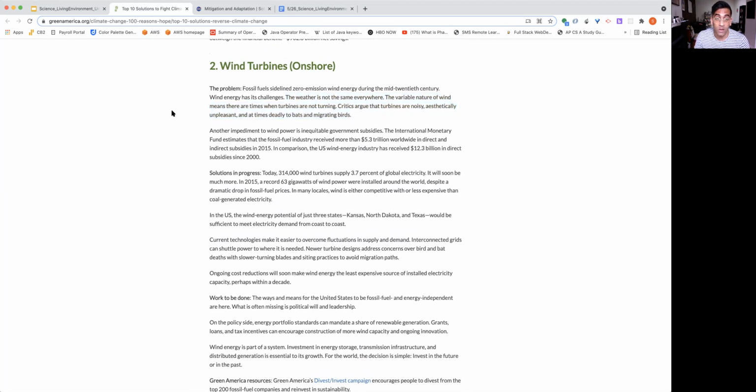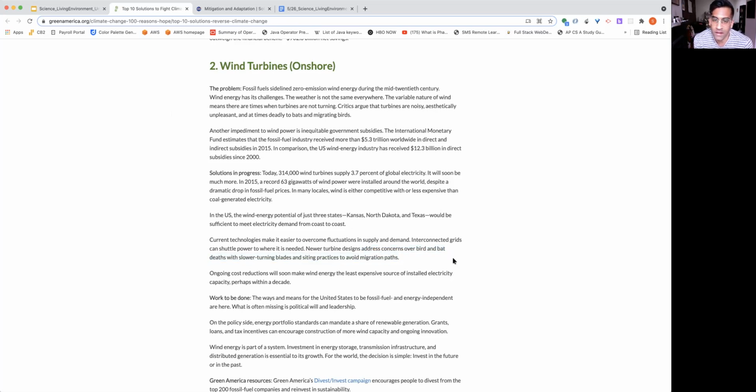All right, so we found these issues with wind power, but to be honest, if we're weighing the costs and benefits, it seems like looking at something ugly is probably worth it if it's going to save the planet. In addition, we can see later on that there are slower turning blades that will address the concerns over birds and bat deaths.